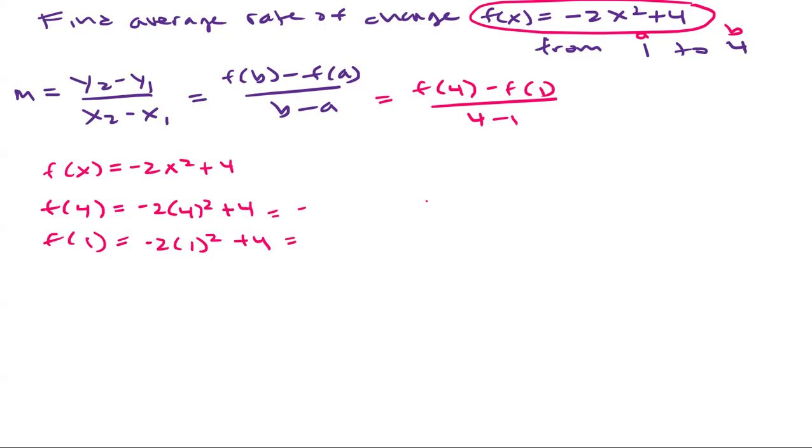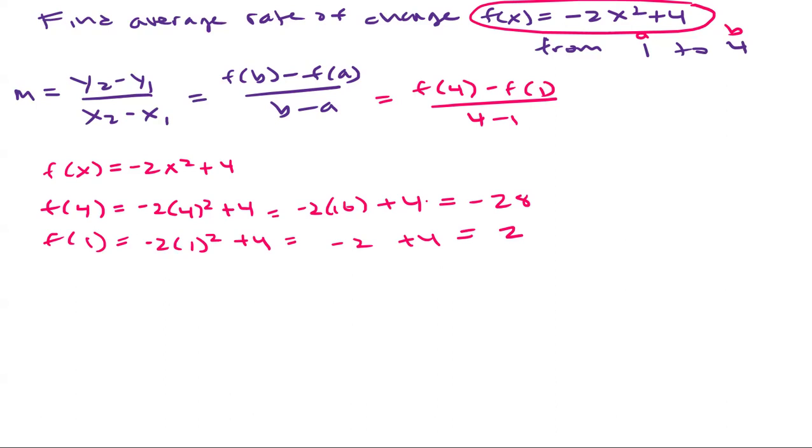Negative 2 times 4 squared, which is 16, plus 4. Negative 2 times 16 is negative 32, and then plus 4 gives us negative 28. For the bottom, 1 squared is 1, times negative 2 is negative 2, plus 4 gives us a positive 2.